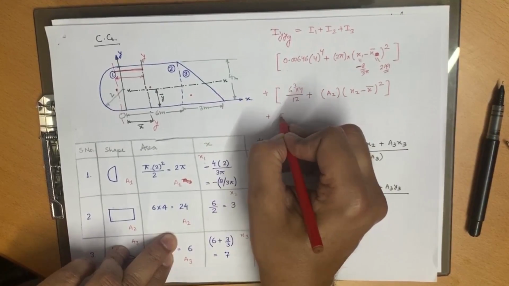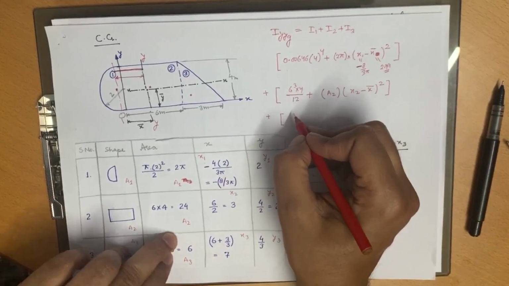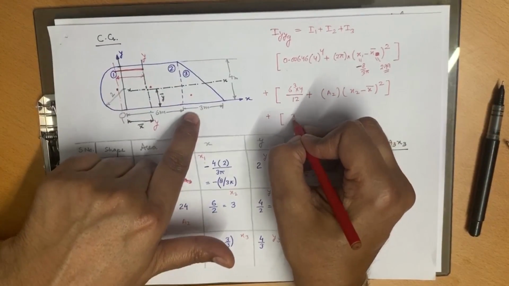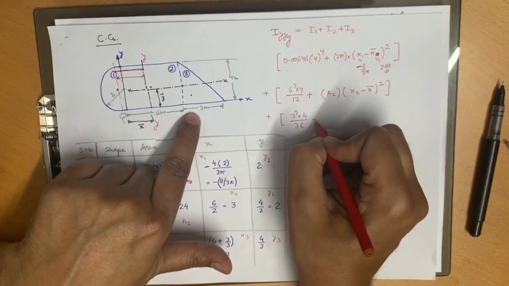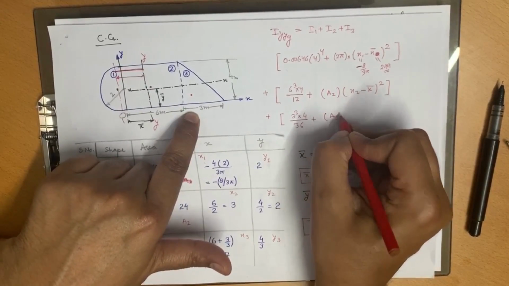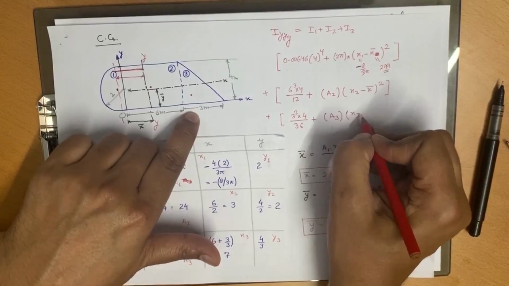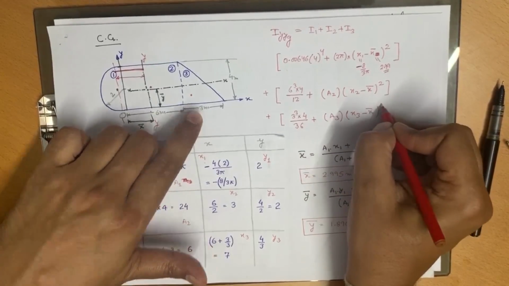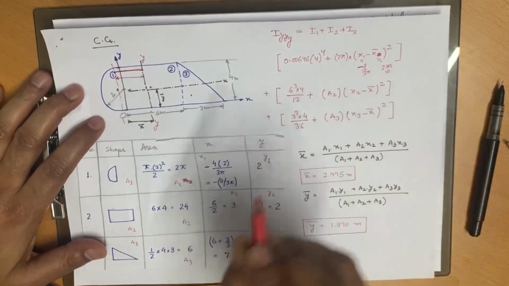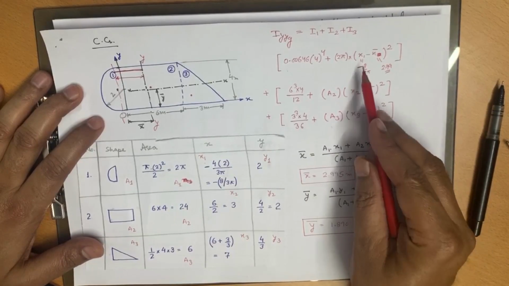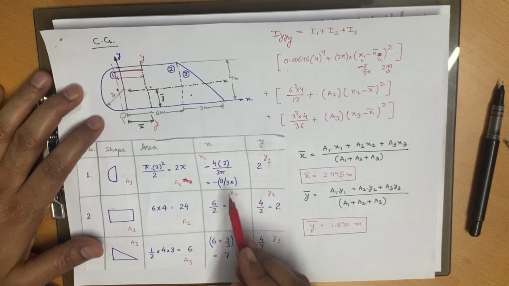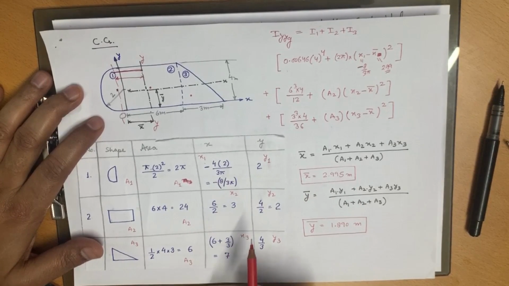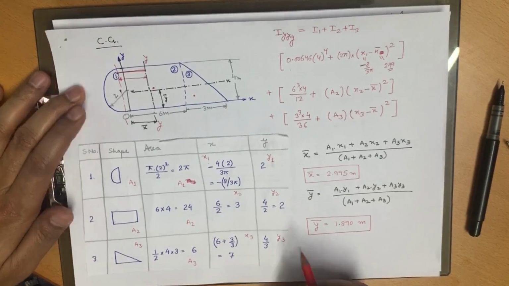And for third it is 3 whole cube into 4 upon 36, plus A3 multiplied by x3 minus x bar whole square. And the values of x1 minus x bar, x2 minus x bar and x3 minus x bar you can take from this table. I think it is okay, right? Thank you.